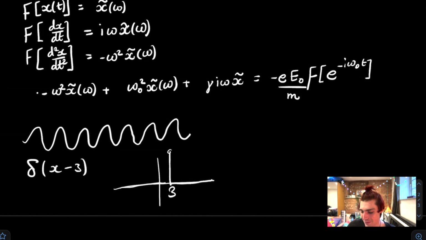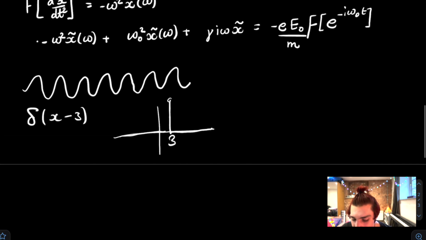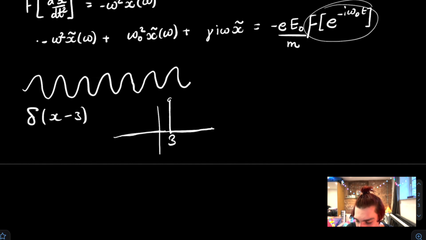It's a weird function for sure, but this is basically what we're saying. We have this one frequency, which therefore corresponds to just one spike in our Fourier spectrum. So the Fourier transform of a wave with a single frequency is just this delta function right here.